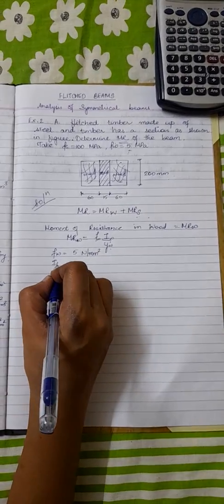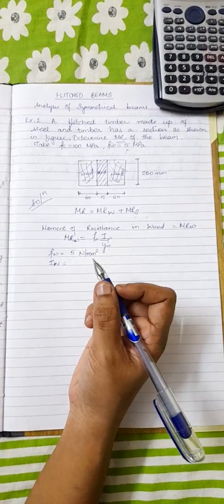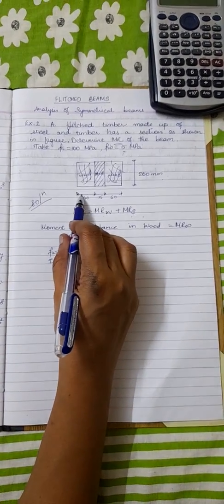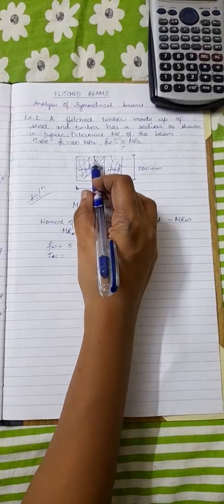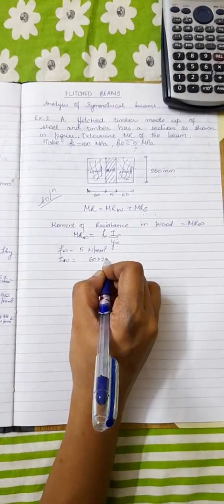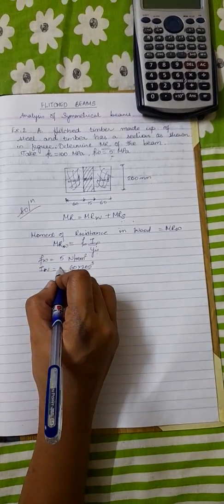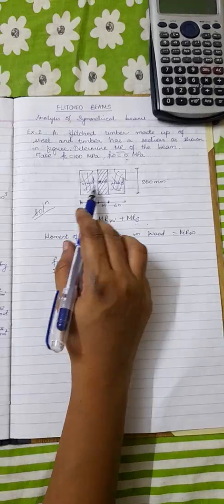What is IW? IW is the moment of inertia of the wooden section. So what is the wooden section moment of inertia? 60 into 200 cube, BD cube by 12. So 60 into 200 cube by 12, and I'm multiplying this value by 2 because there are two wooden sections.